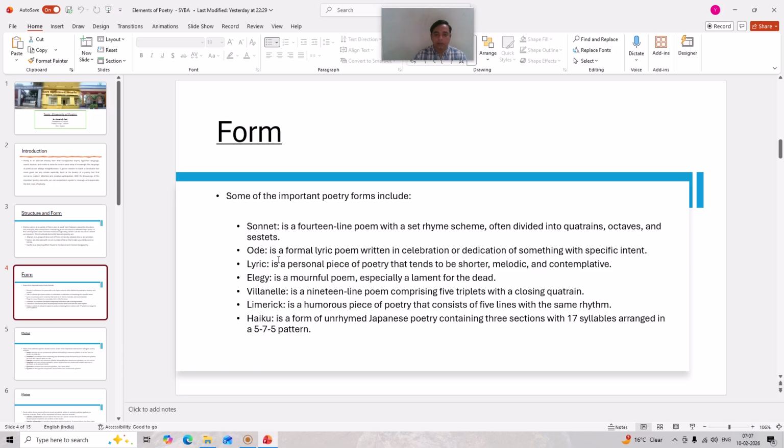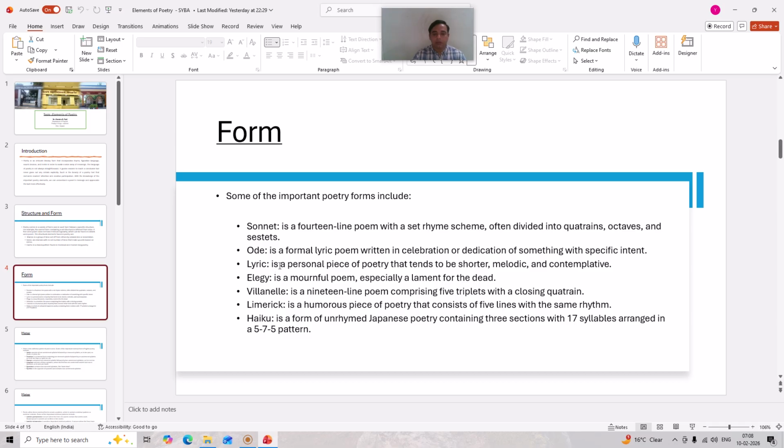In the same way, if a poem is in a particular structure, a form of celebration or dedication, in the form of an address, it is an ode. This is how the form of poetry helps us understand what the subtype of a poem could be.